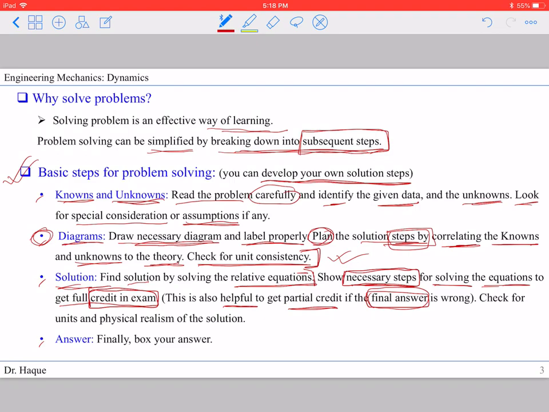Finally, once you arrive at a solution, check for units. The unit of your answer, does it make sense? And also the physical realism of the solution. The numerical result you got, does it make any sense? And sometimes in some problems you have to make a decision based on your results.